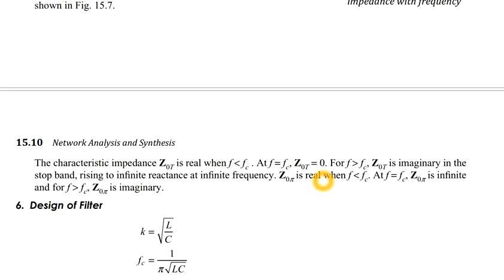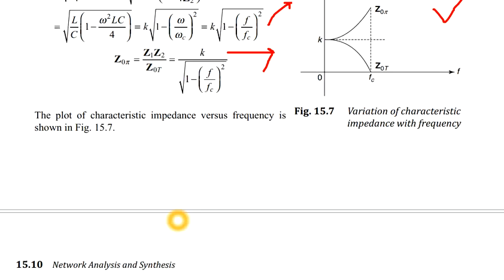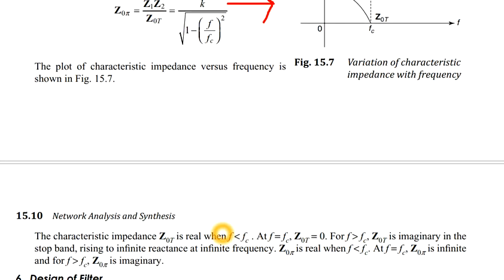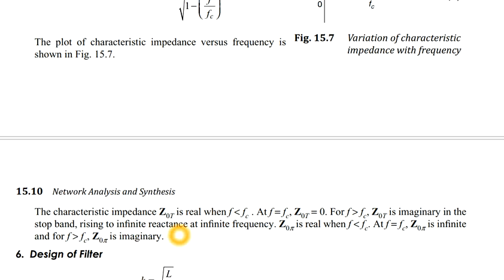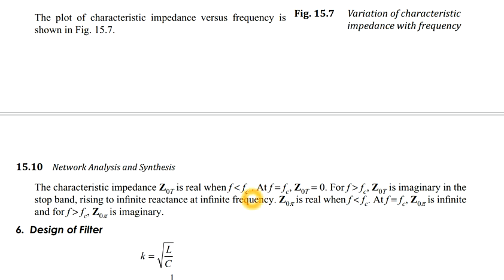So from that you can say the characteristic impedance Z0T is real when f is less than fc, and at f equal to fc it is 0, and for f greater than fc it is imaginary in the stop band, rising to infinite reactance at infinite frequency. Similar things can also be obtained for the pi type low pass filter.